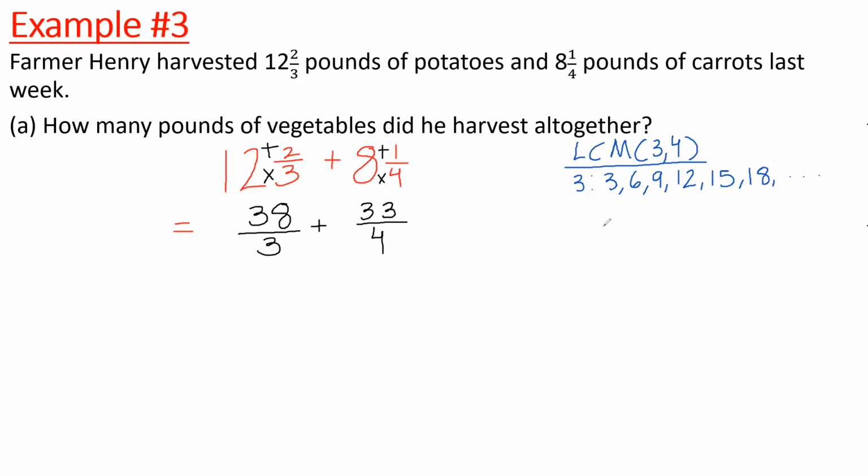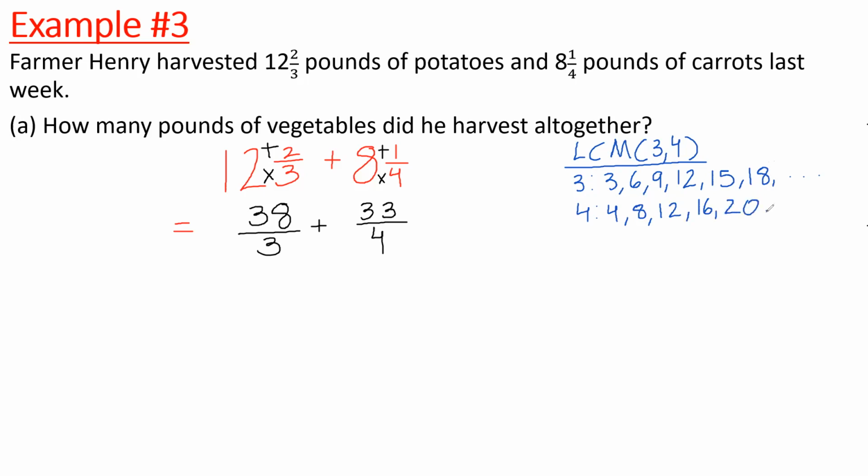Then we have the list of multiples of 4. The multiples of 4 are going to be 4, 8, 12, because it's times 3, then 16, then 20, and the list goes on.